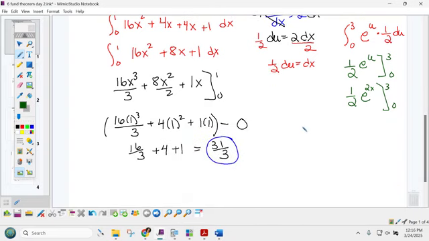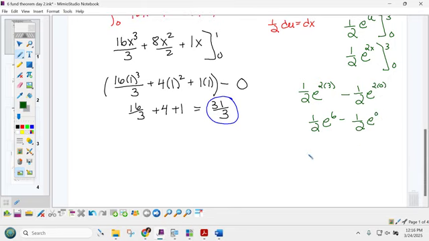Now I can do the fundamental theorem of inputting the top number minus inputting the bottom number. This is 1/2 e to the 6th minus 1/2 e to the 0. Well, e to the 0 is 1. I get 1/2 e to the 6th minus 1/2. That is our exact answer.